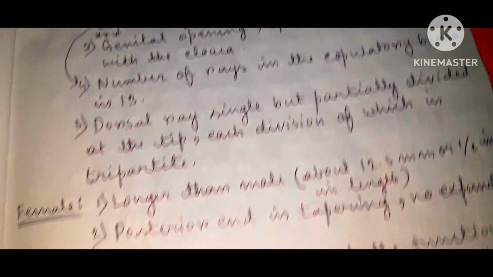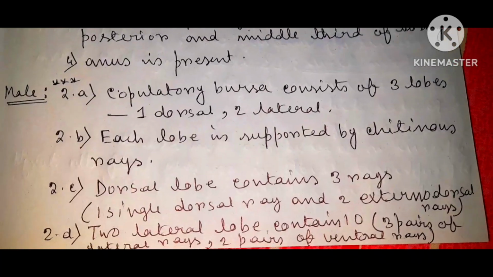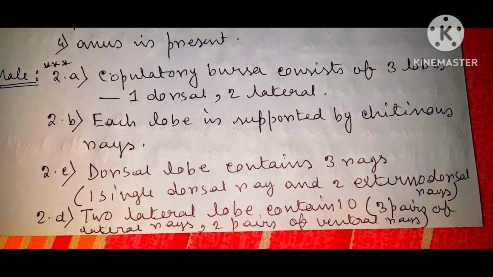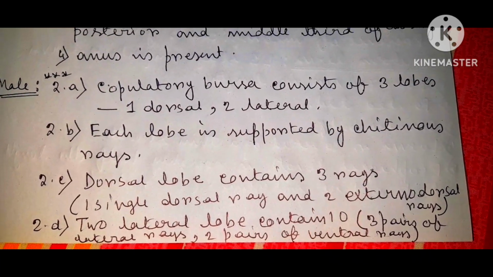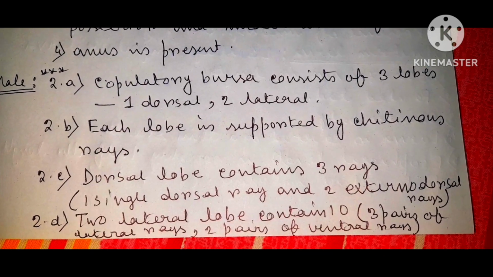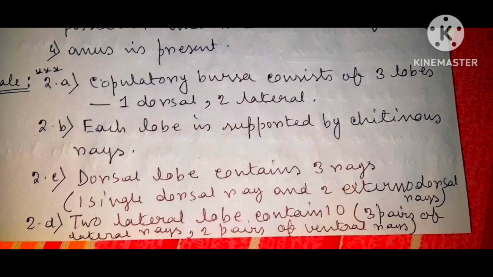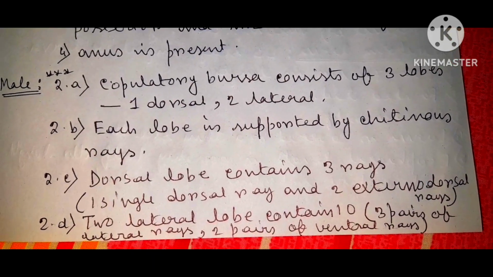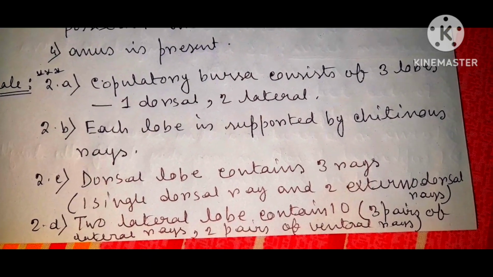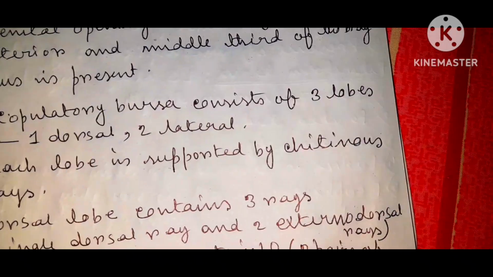The next points, which are mentioned here as 2A, 2B, 2C and 2D, you should mention as numbers 3, 4, 5 and 6 at the time of writing identifying characters in your exam hall. So 2A means number 3 point.